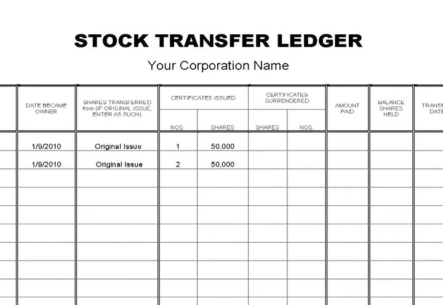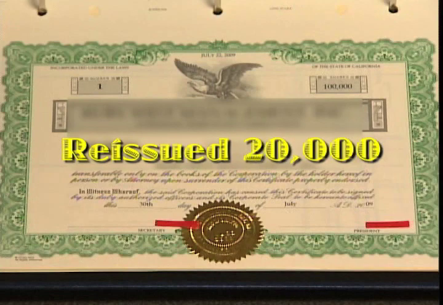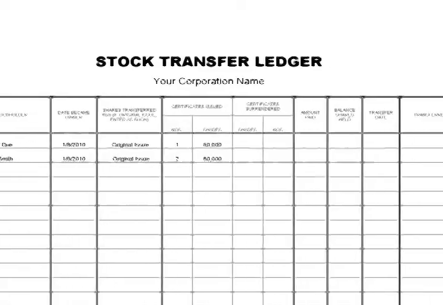So if you have 100,000 shares and you sold 20,000 to someone else, you've got to turn in that certificate and you will be reissued 80,000, and that new person would be reissued out 20,000. So it moves as you sell it in and out. And that story of movement has to be denoted on the stock ledger.